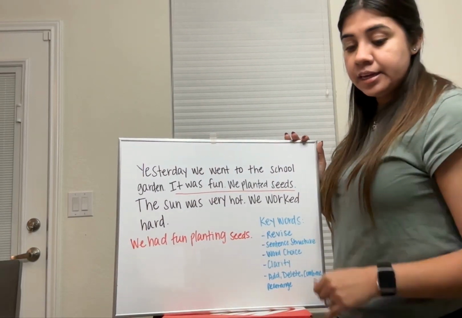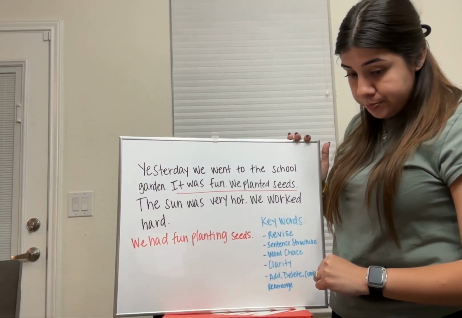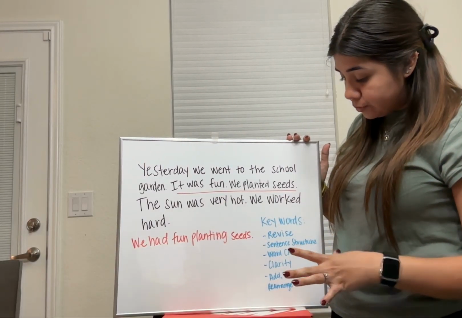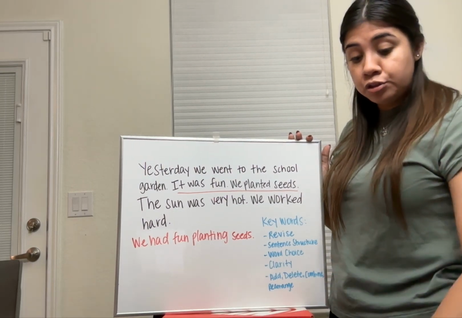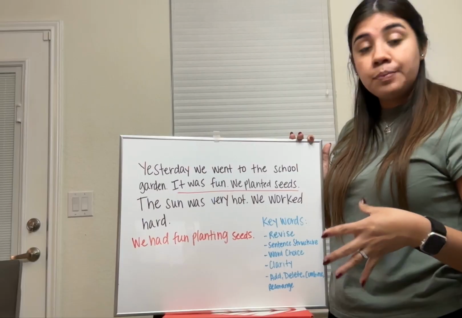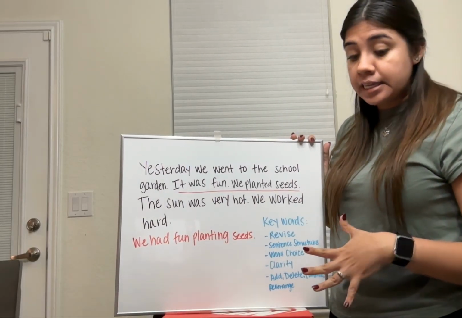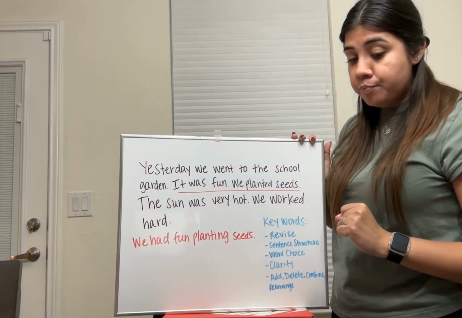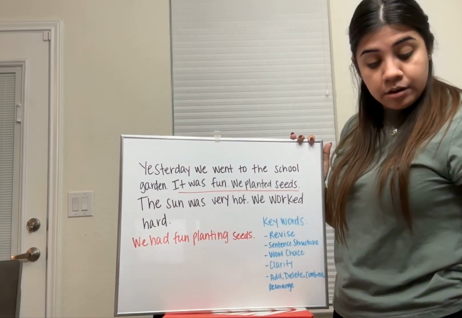Perfect, okay? Now I'm looking to see where I can add any details, right? See what I can do to think about how to make a better picture in my head as I'm reading. So one sentence that stands out to me was the sun was very hot, right?